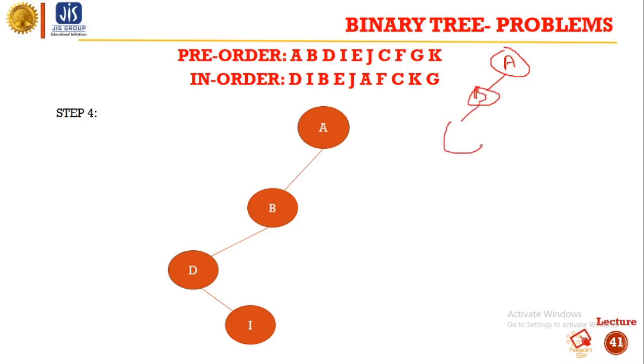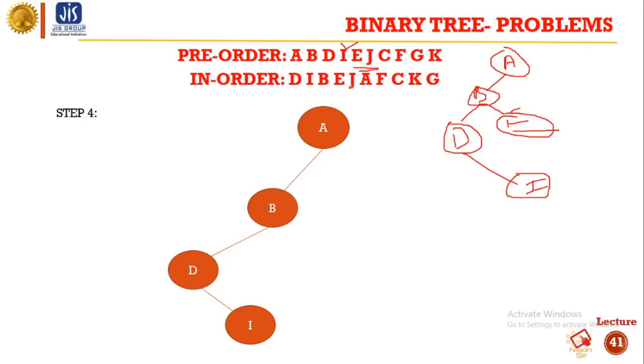Next parent is D, and here is I. So we get up to I. Next one is E. So E will come from here, and next we come to the in-order part.